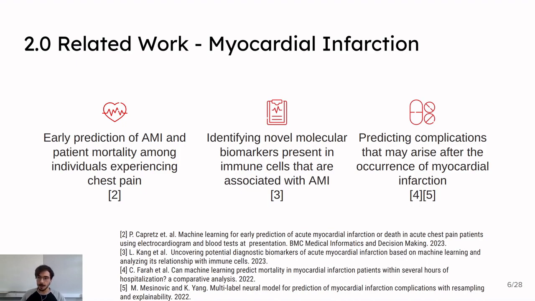Also, we identified a rise in studies that try to predict the mortality of AMI cases, such as studies 3 and 4, which aim at predicting MI-related mortality, achieving accuracies of 80% and 86% respectively. Study 5 predicted post-MI complications using a multi-layered neural model coupled with explainable tools.